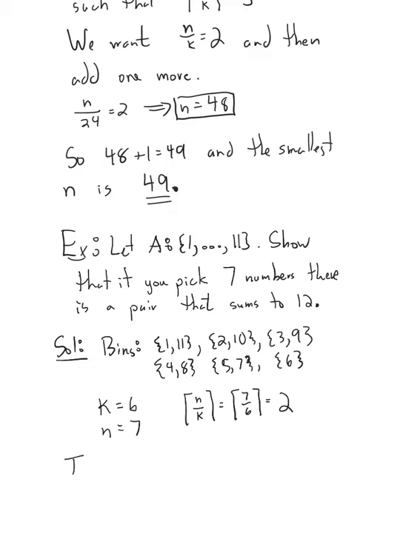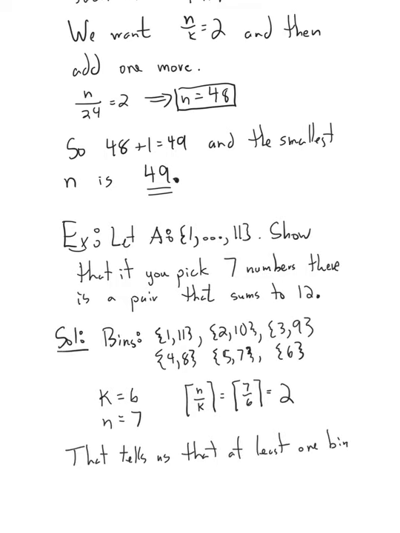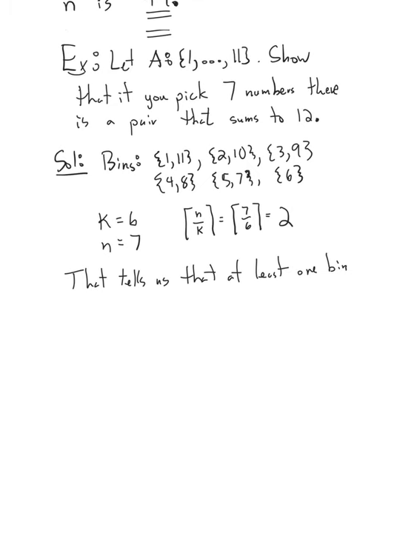So that tells us that at least one bin has 2 elements.